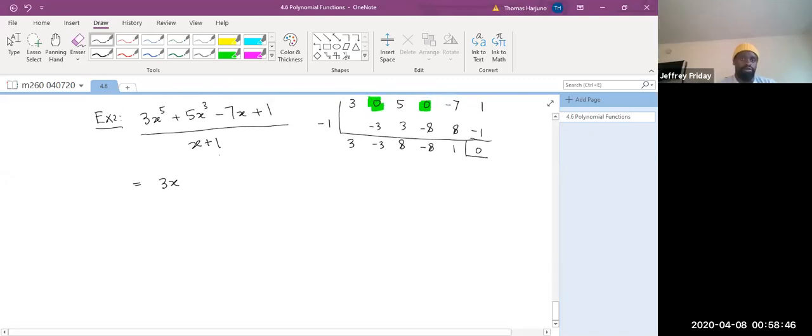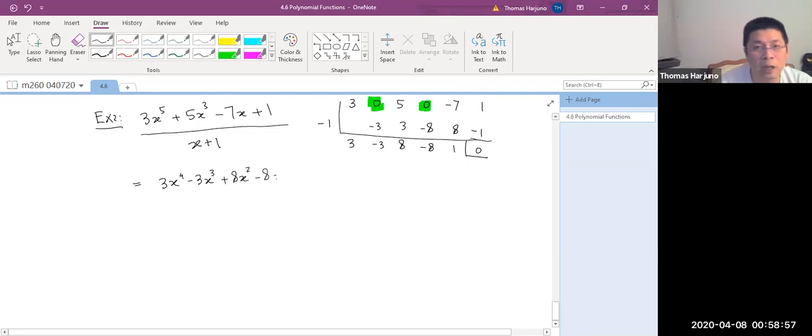Degree of 4, that's right. 3x to the 4 minus 3x cubed plus 8x squared minus 8x plus 1. Supposed to be plus 0 over x plus 1. But of course, we can omit that because it's already 0. You see what I mean? So I will just erase that because the remainder is 0.